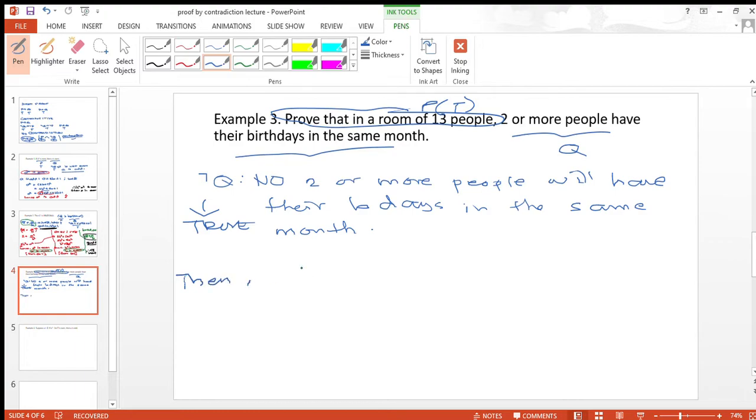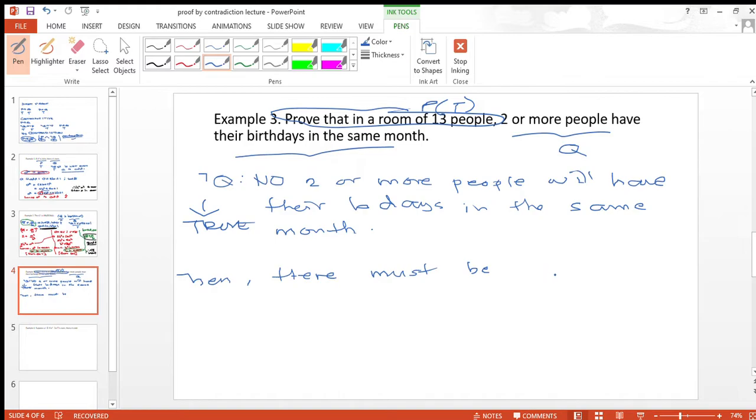We are proving that if there are 13 people, 2 or more people have their birthdays in the same month. So our assumptions are: 1, there are 13 people. 2, no 2 or more people will have their birthdays in the same month.